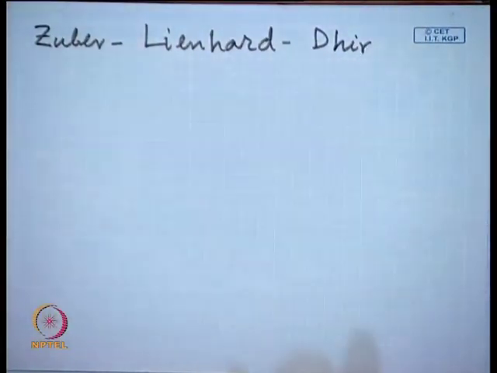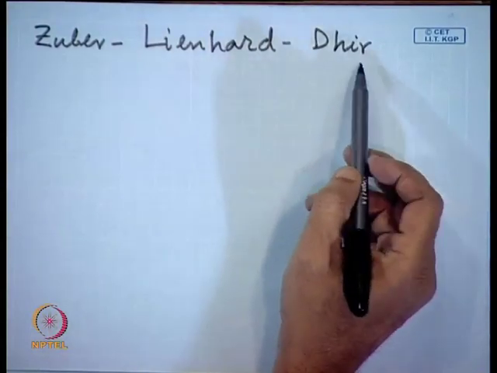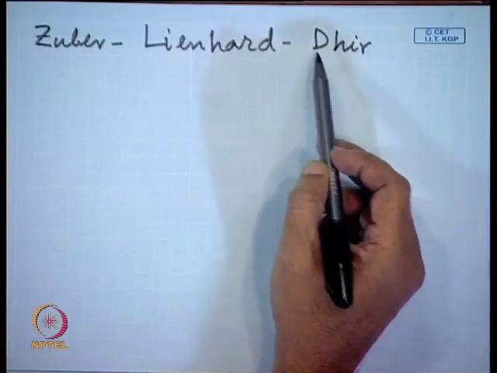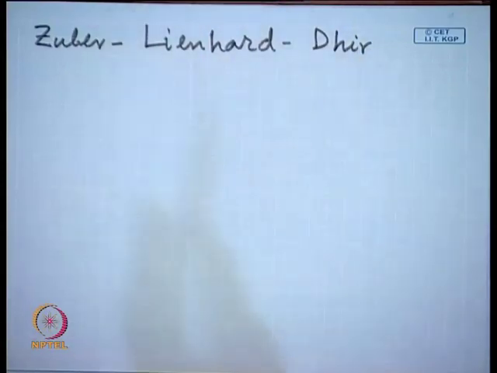Dhir is of Indian origin, V.K. Dhir, he has also contributed very substantially for the theory of boiling heat transfer. He is of Indian origin. So, Kutateladze's theory, then Zuber's modification, and then again the work of Lienhard and Dhir, both are on the same line. So, all these are for the development of your hydrodynamic theory of critical heat flux.